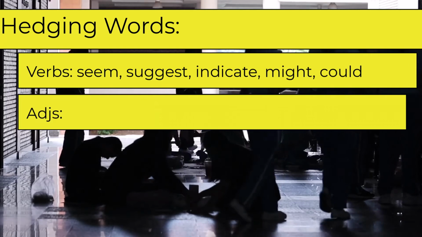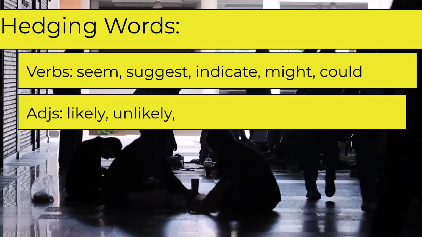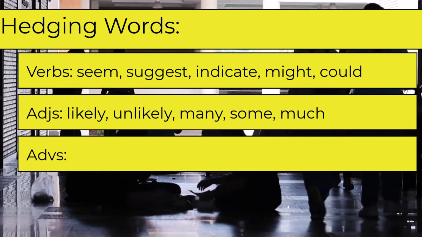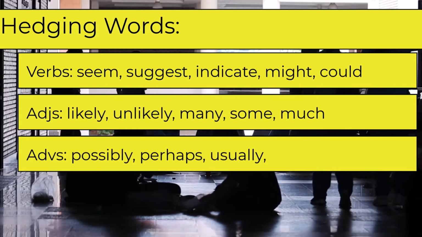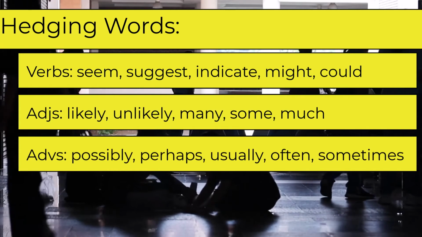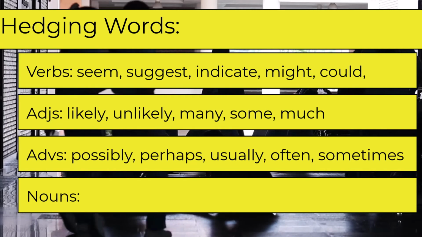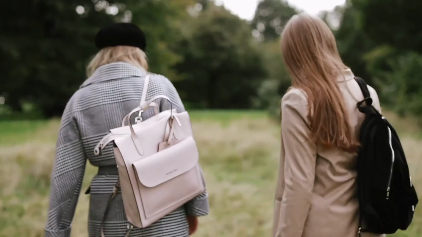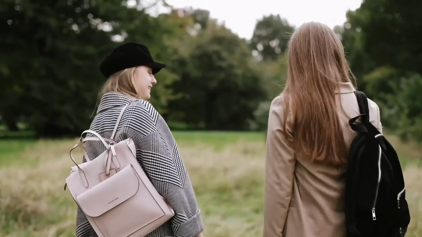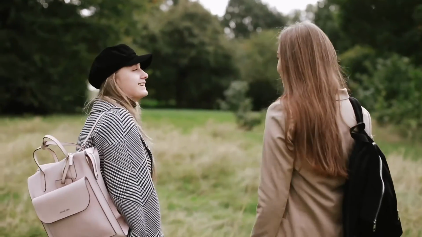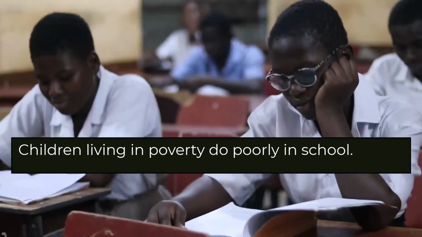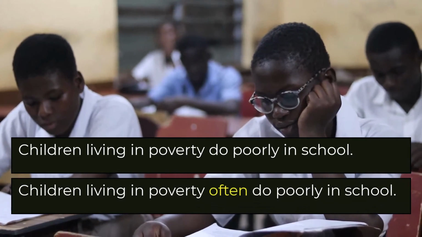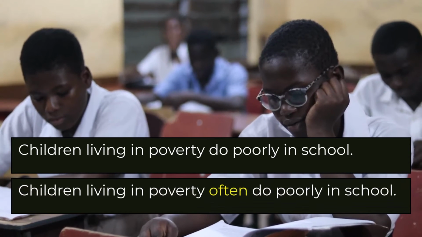They can be adjectives, likely, unlikely, many, some, much, or adverbs, possibly, perhaps, usually, often, sometimes, or even nouns, likelihood, possibility, probability. Notice how the second sentence in this next pair is made more credible with the addition of a hedging word. Children living in poverty do poorly in school. Children living in poverty often do poorly in school.